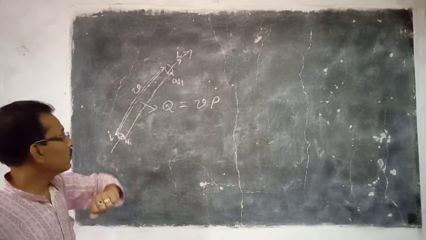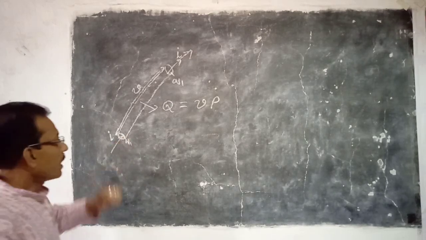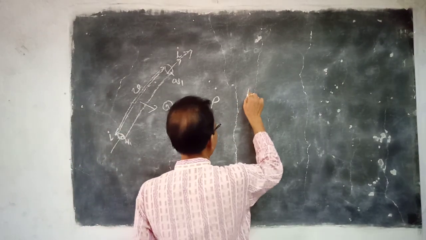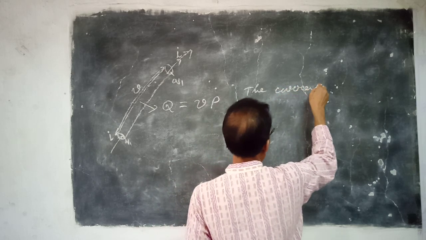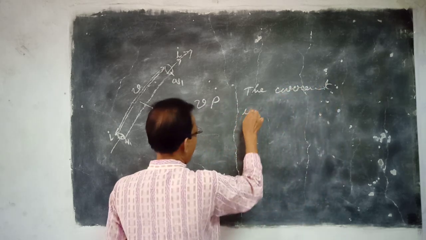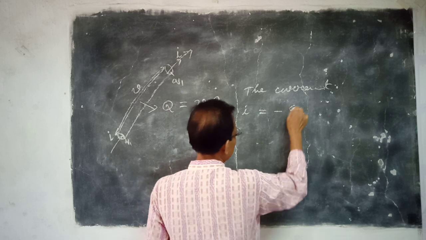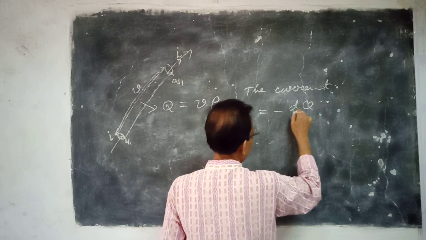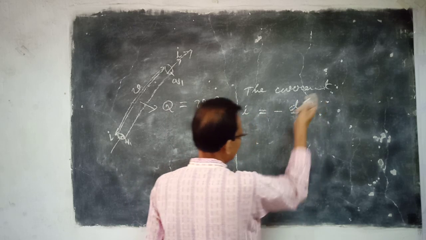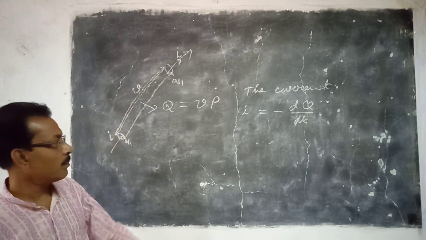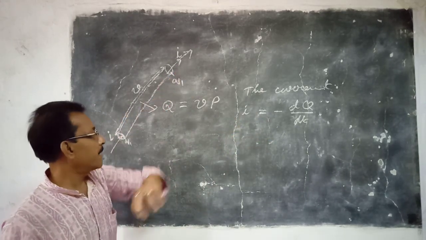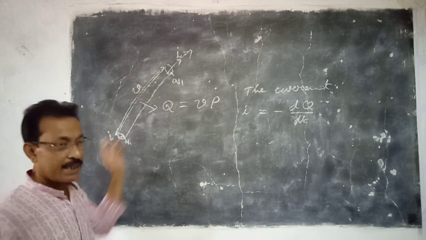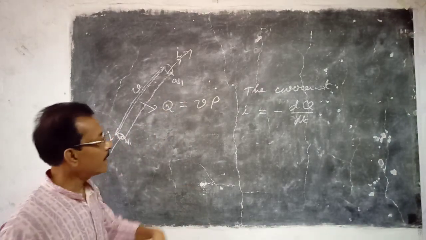So this is the Q. Now what is I, the current? I is minus dq dt or del q del t, right? The partial derivative with the minus sign means that the charge is decreasing, because charge is actually flowing in the opposite direction.